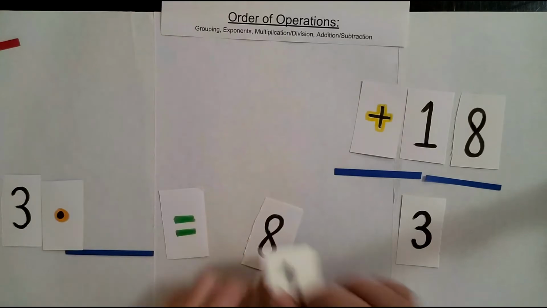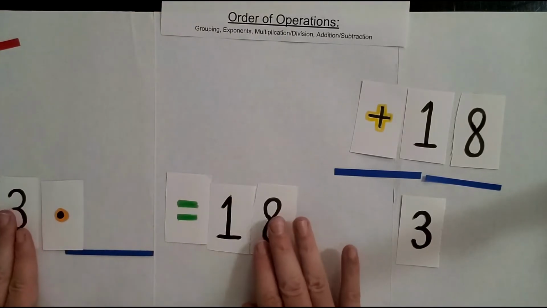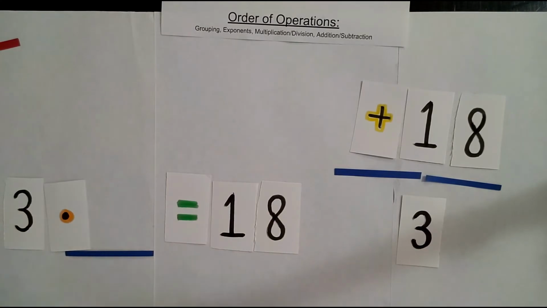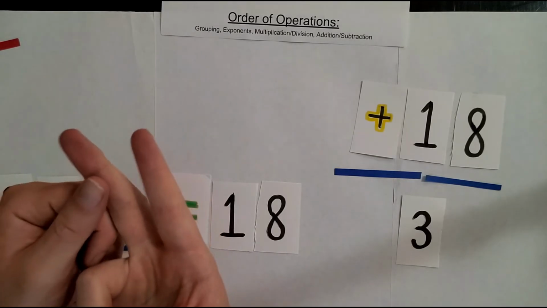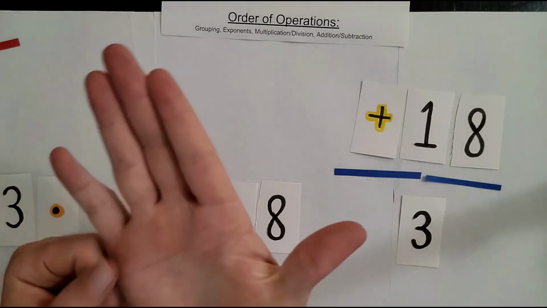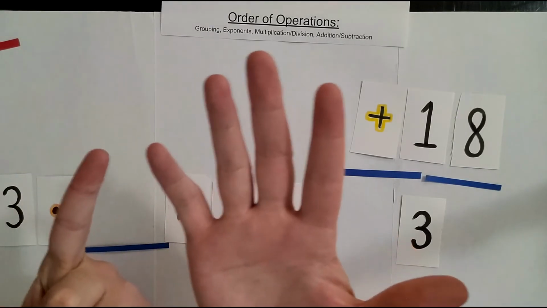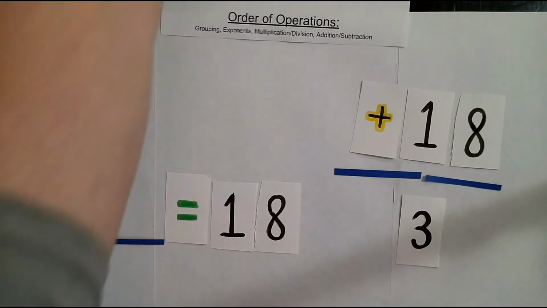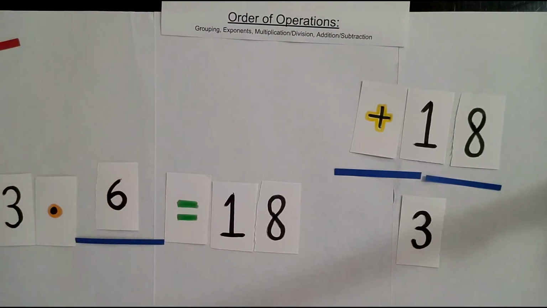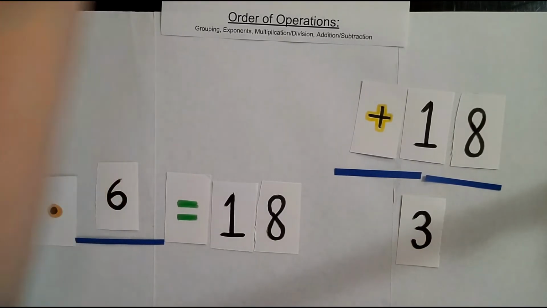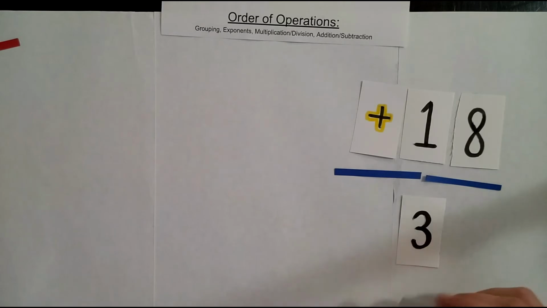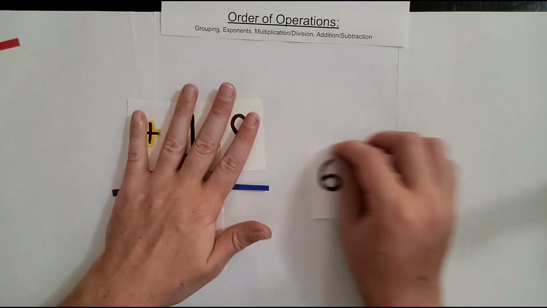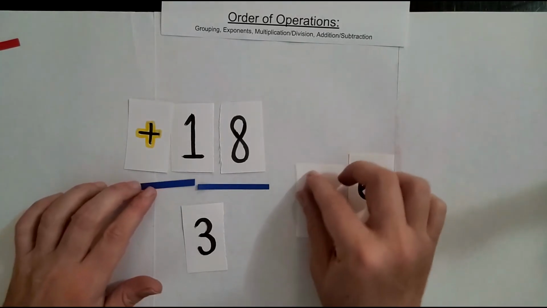So 3 times what is going to equal 18. And if we think about counting by threes, well, 3, 6, 9, 12, 15, 18. 3 times 6 is going to give us 18. So because 6 is the answer we would fill in here, 18 divided by 3 is also going to be 6. So that means that this entire expression is going to be equal to 6.